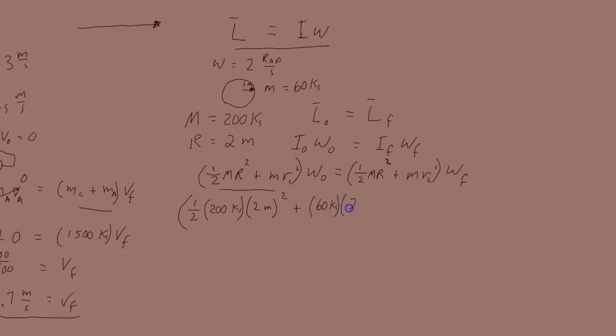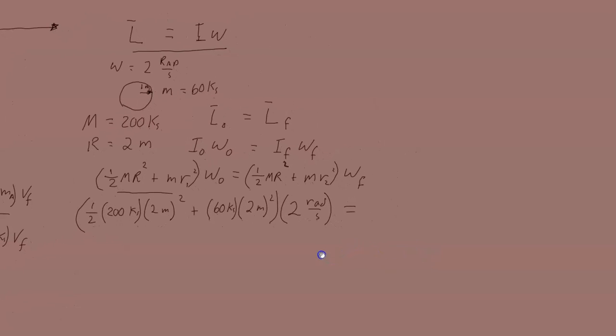Initially, they're on the rim, so 2 meters squared, times their initial angular velocity, which is 2. Let's see, get my parentheses correct. We got this part, we got that part, all in parentheses times 2. Looks good to me. I'm out of room again, so let me get a little more room here.